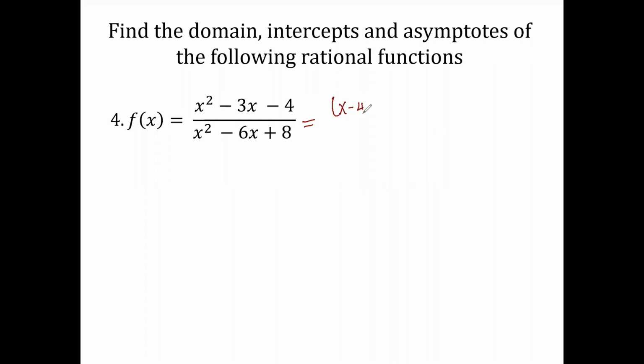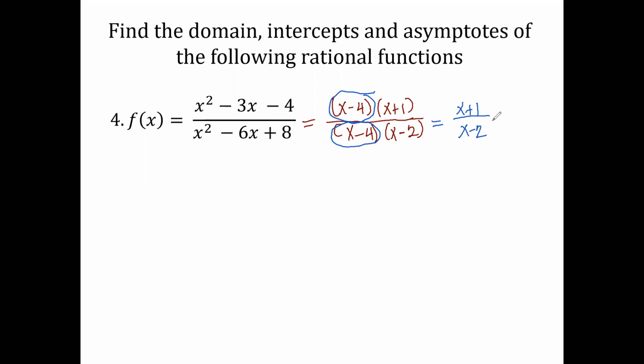So this is (x minus 4)(x plus 1) all over (x minus 4)(x minus 2). Again, as you can observe, you have a common factor of x minus 4. So the simplest function is x plus 1 over x minus 2.